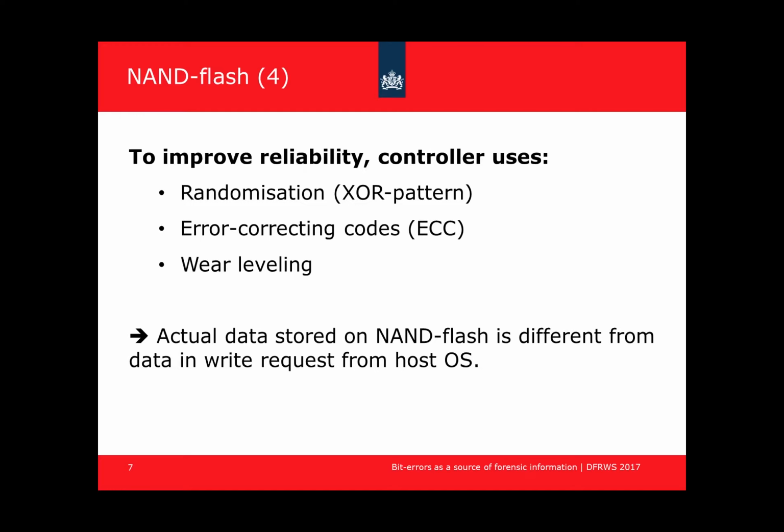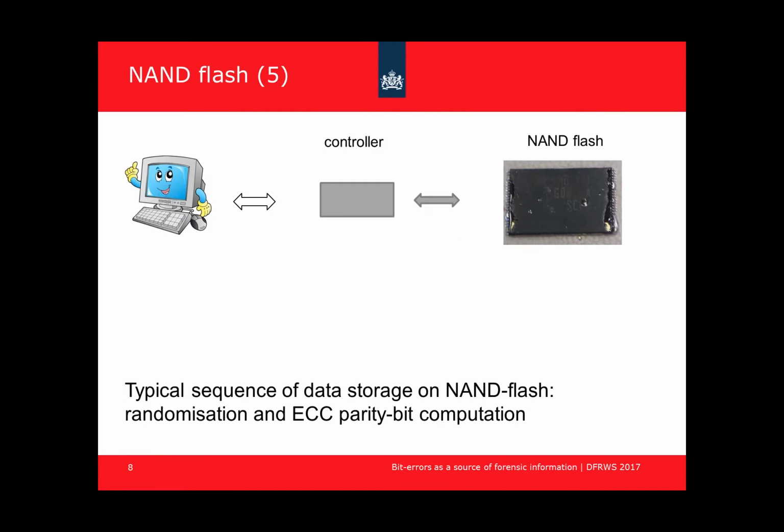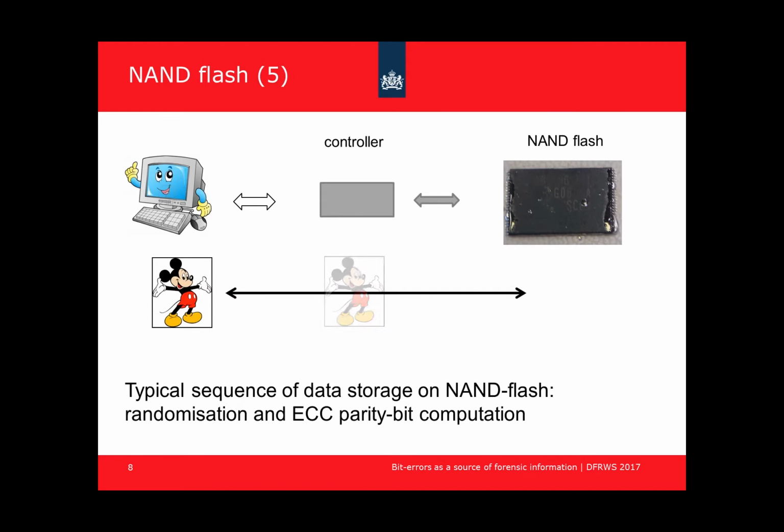And that means that the actual data stored in the NAND flash is different from what is sent to it by the host OS. If you look at this, we have the host OS, the controller, and on the right-hand side the actual storage medium. If you want to put this picture on the NAND flash, the controller randomizes it, so it becomes gray and noisy, and it adds the yellow bar, which is the extra ECC information.